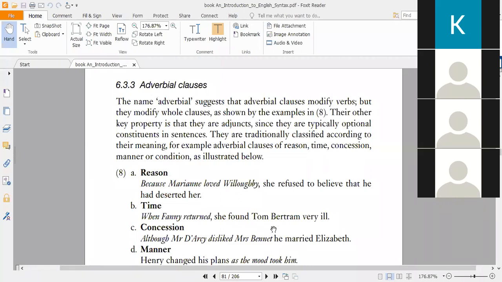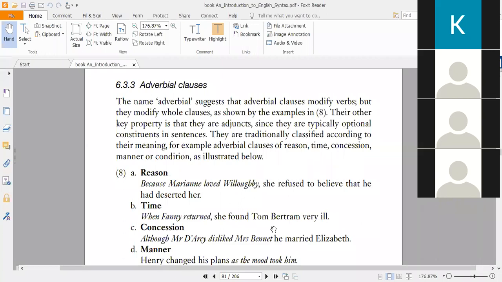Okay. So our topic today is adverbial clauses. The name adverbial suggests that adverbial clauses modify verbs, but they modify the whole clause, as shown by the examples in 8.